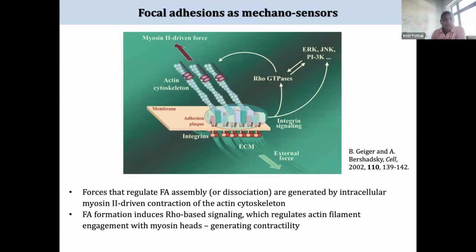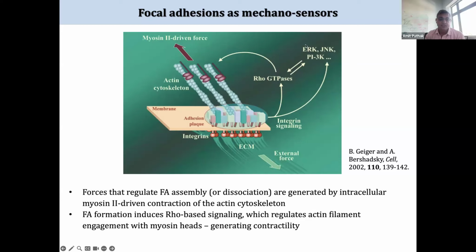Next is what happens after these adhesions are formed. They act as mechanosensors, meaning, as I already said, when they generate forces, these cryptic binding sites open and mature the adhesion. But there are other downstream signaling pathways. The most popular one is Rho, the Rho GTPases that get activated because of this integrin signaling.